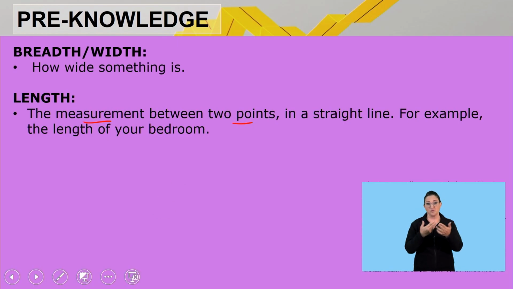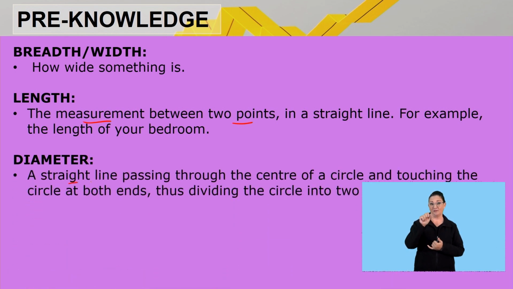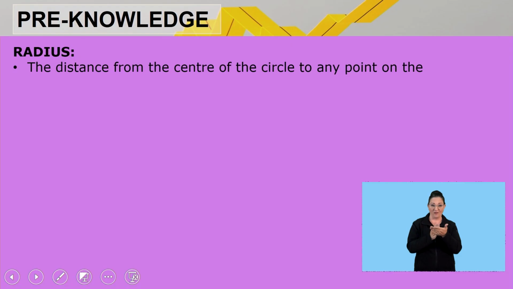Then also we have what we call diameter. The diameter is a straight line passing through the center of a circle and touching the circle at both ends, thus dividing the circle into two equal parts. We will also look at the radius. The radius is the distance from the center of the circle to any point on that circle.